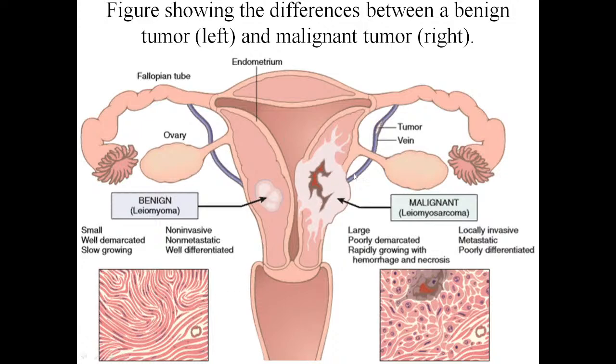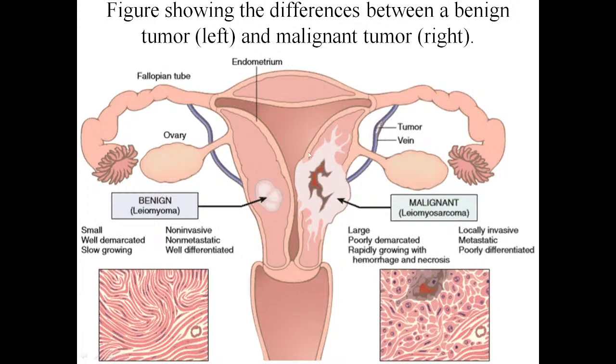And on the right side you can see the malignant tumor. This malignant tumor in the uterus is called a leiomyosarcoma. In contrast to the benign tumor, the malignant tumor has a large size, is poorly demarcated, and has no capsule.